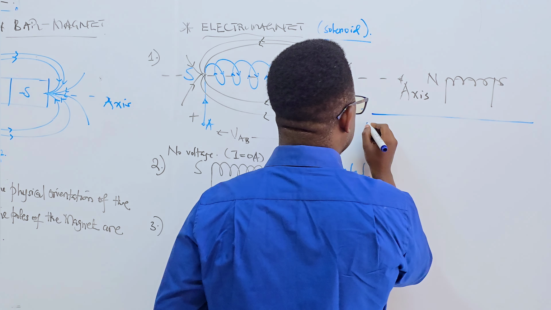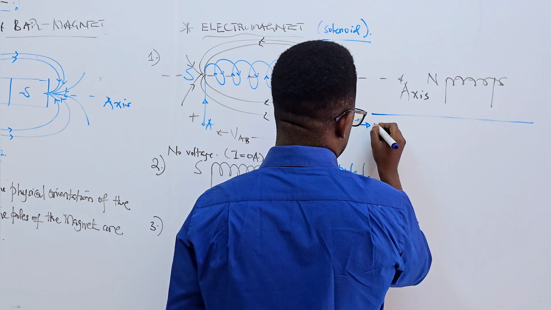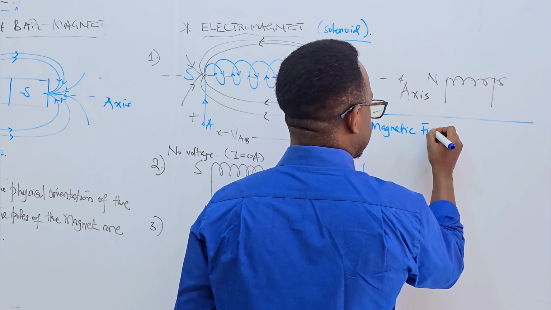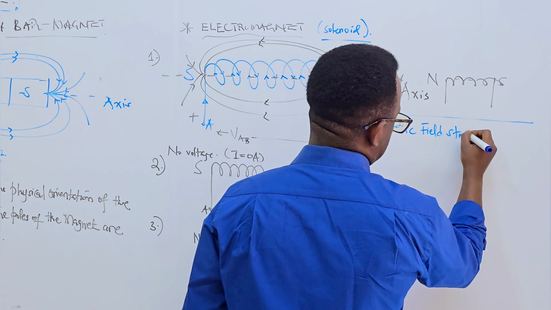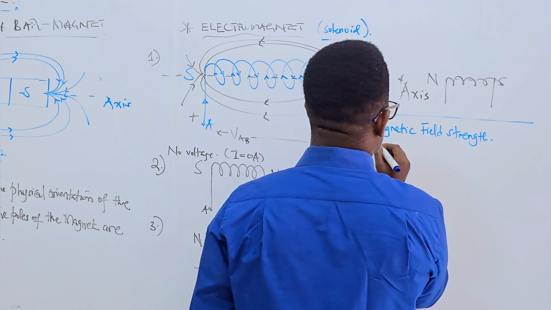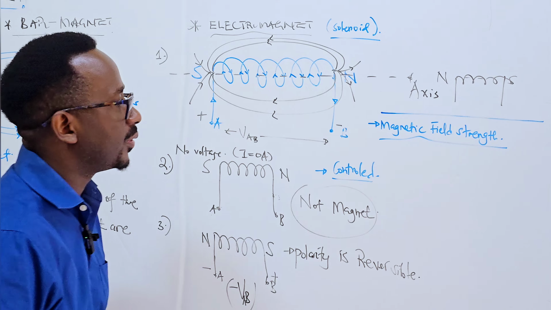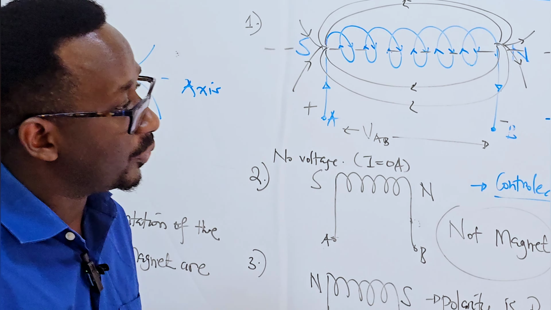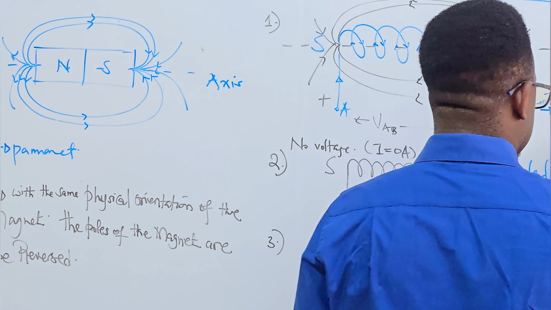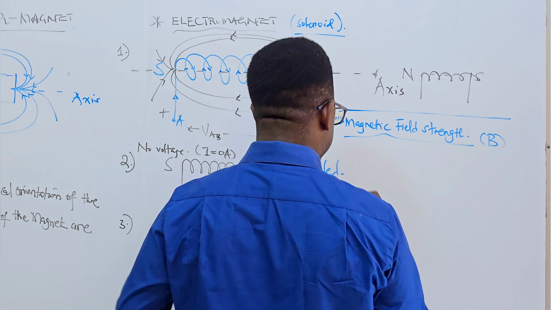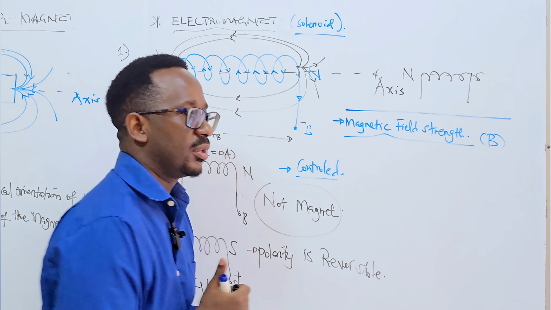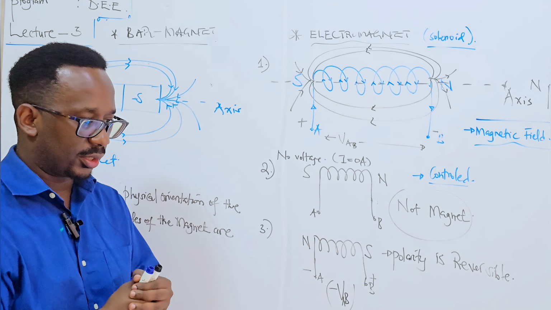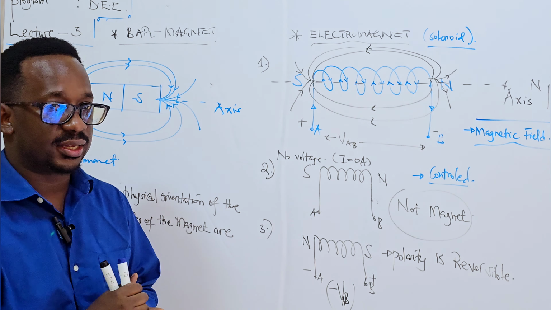That is the magnetic field strength. Let's talk about the magnetic field strength, commonly denoted with the capital letter B. Magnetic field strength is a measurement mostly conducted in Teslas, right?